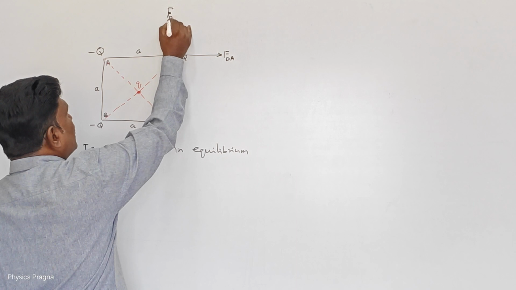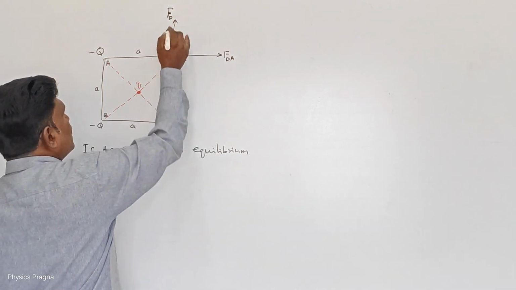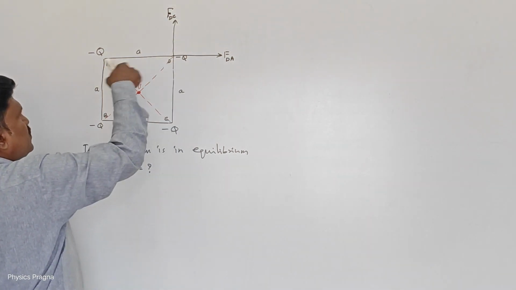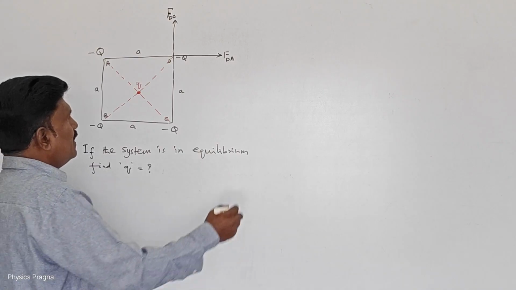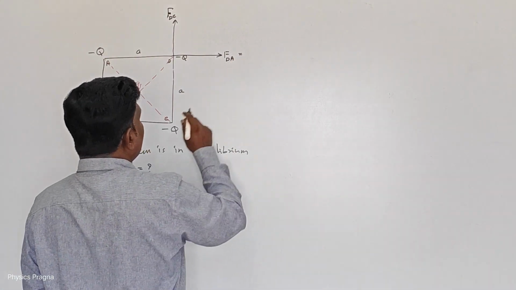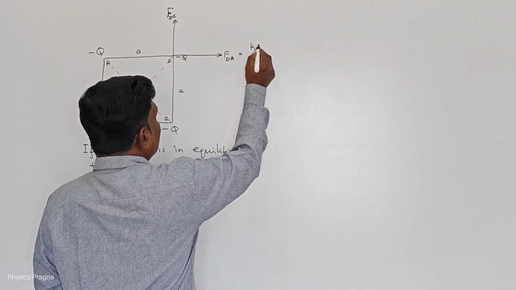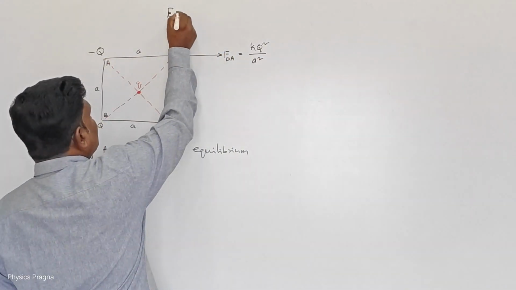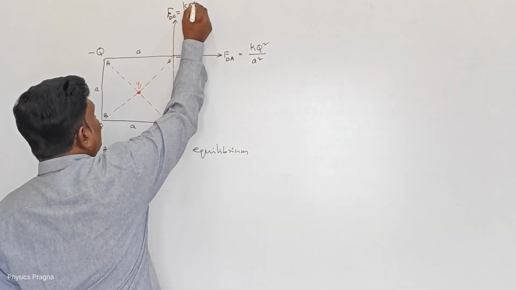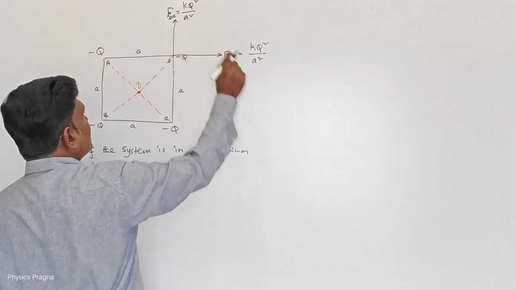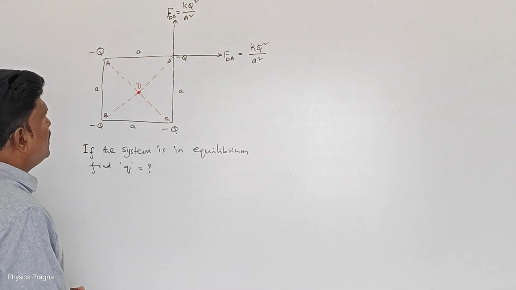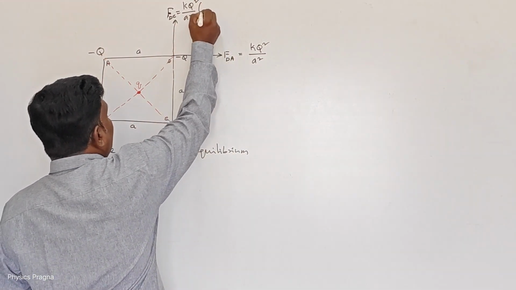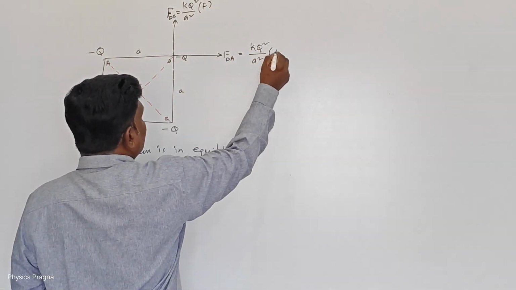Force on the charge D because of C. These two forces are equal. Why? Because this formula is K q square by a square, and this value also is K q square by a square. So these two forces are equal. So let me name it as F.